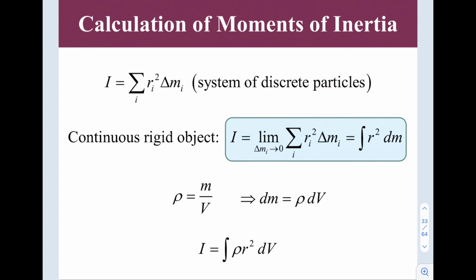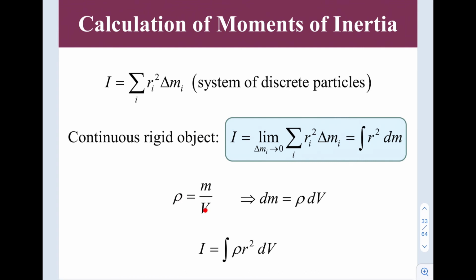But if you have a system of discrete particles, meaning one system consists of sub-particles that combine to become a system, the moment of inertia of the system is equal to the sum of r i squared times delta m i, for every item that contributes to the system. For a continuous rigid object, I is now defined as the limit of the sum of r i squared delta m i as delta m i approaches 0, which is equal to the integral of r squared with respect to m.